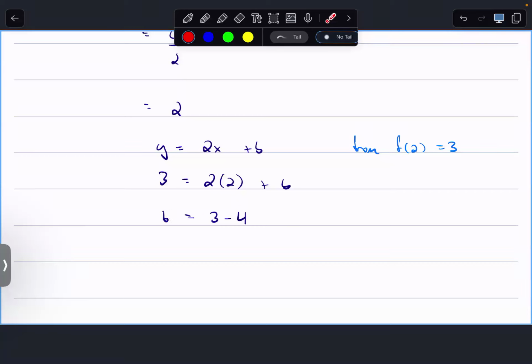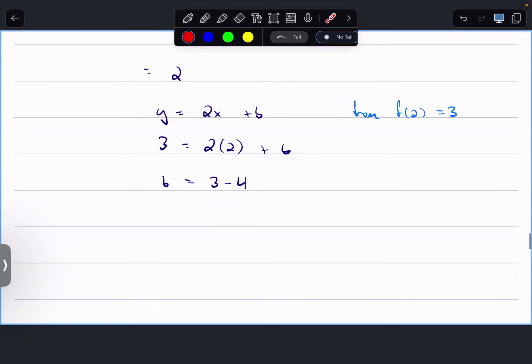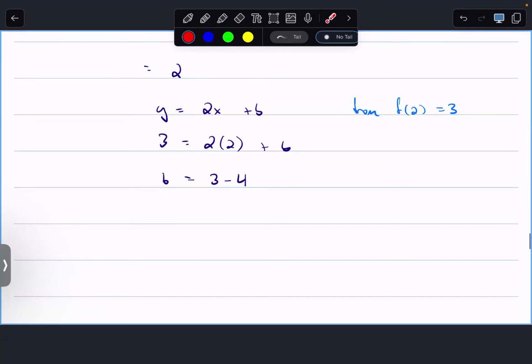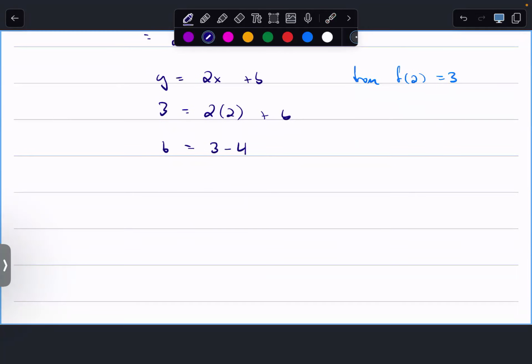Because I like to have what I'm solving for on the left-hand side. Okay? So take a moment to talk yourself into, okay, yeah, that makes sense. So then b is -1, therefore y is 2x minus 1.